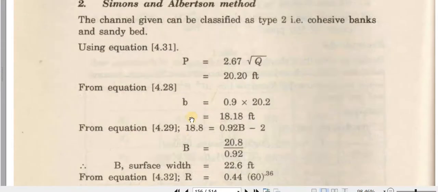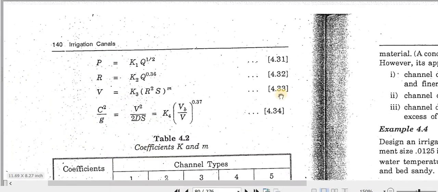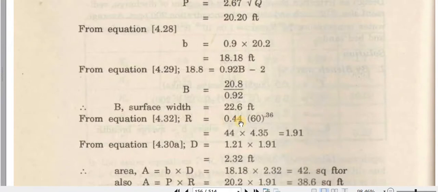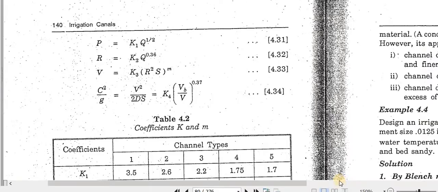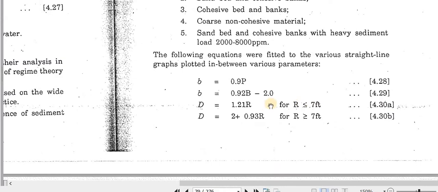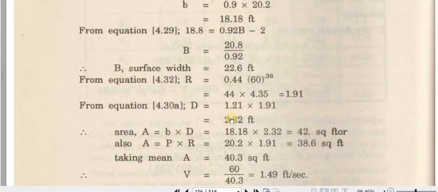And from equation 4.32, this equation we will calculate R, and our channel type is 2, so we will use K2 as 0.44, and with the discharge we will calculate R. Using the criteria of R in equation 4.30a, R is less than 7 feet, so we will use this equation: D is equal to 1.21 R, that is capital D.